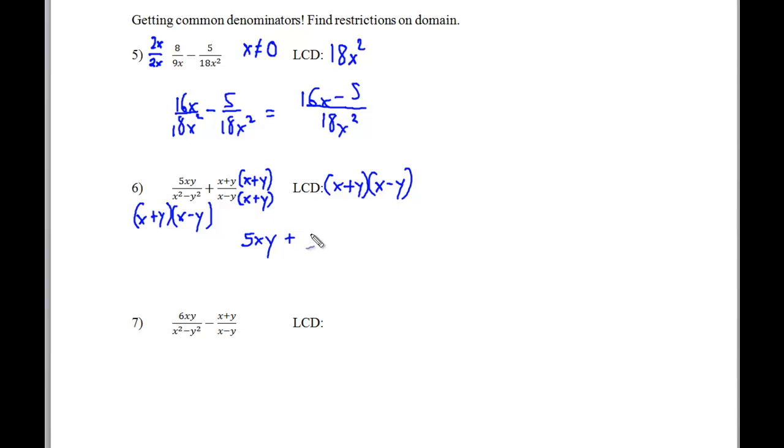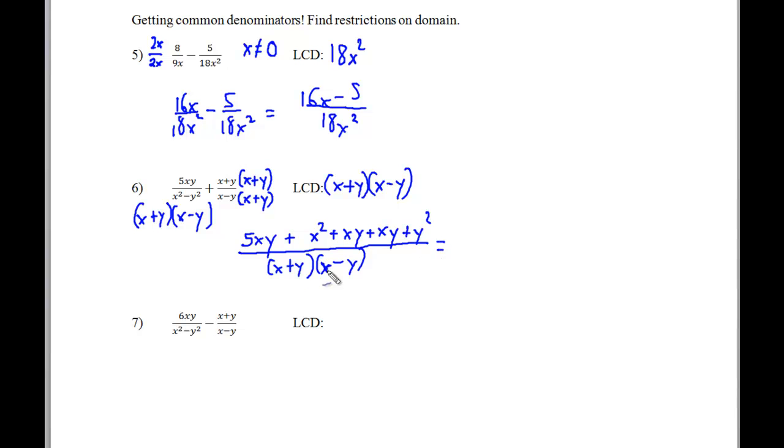So x times x is x squared plus xy again plus y squared all over x plus y, x minus y, now that I have common denominators. And I'm not going to FOIL this back together at the bottom, because what if something simplifies out from the numerator?